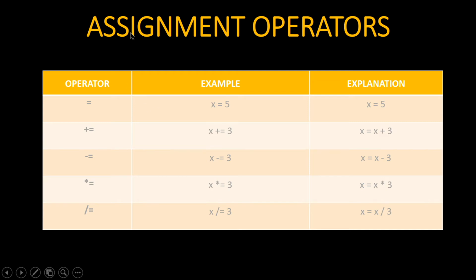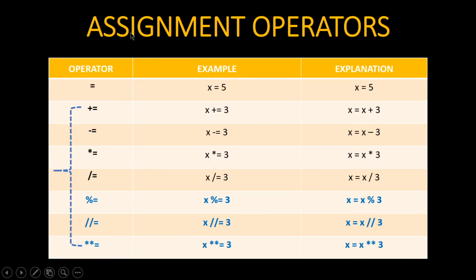There are various compound operations in Python like equal to, plus equal to, minus equal to, star equal to or multiply equal to, and division equal to. There are tons of other assignment operations, but in this video we are going to learn about these operations only. Let's take a look at each and every operation in detail in Spyder.